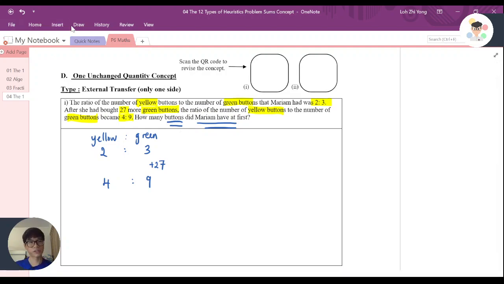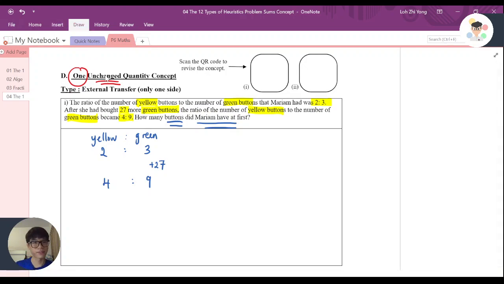Now, this question actually is a very simple question. Why? Because again, we know that there's one thing that is unchanged, which is yellow in this case. We know that green has actually added 27 more, but yellow is unchanged. We didn't add anything or take away anything.